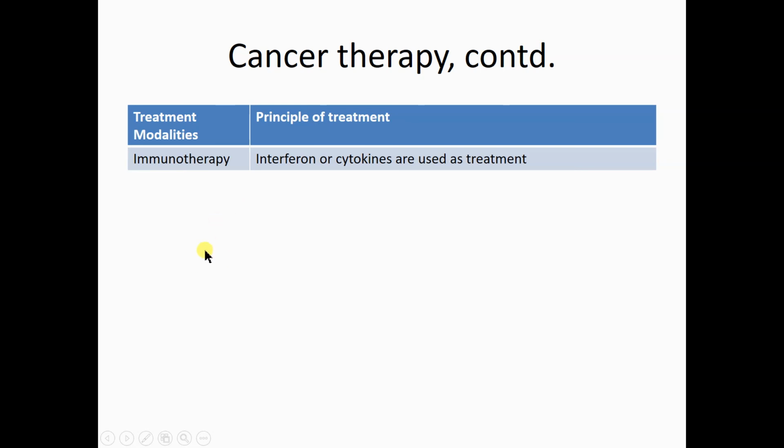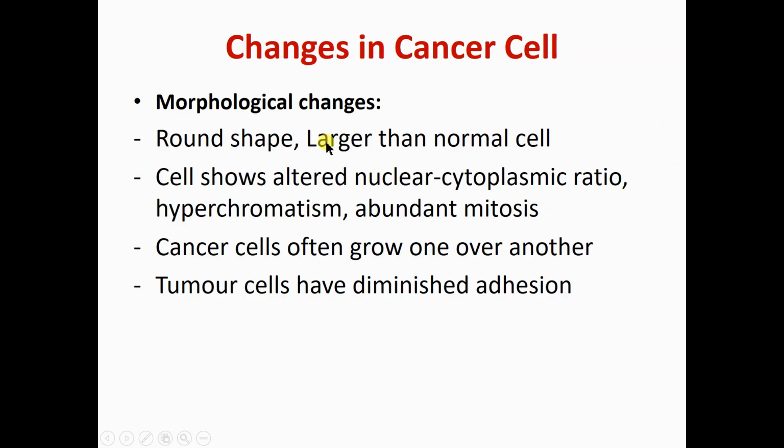So these monoclonal antibodies bind with the protein, leading to an antigen-antibody reaction and destruction of that protein. Certain other factors, like cytokines and interferons, are also used as treatment under the immunotherapy principle. So these are the different modalities of cancer therapy.